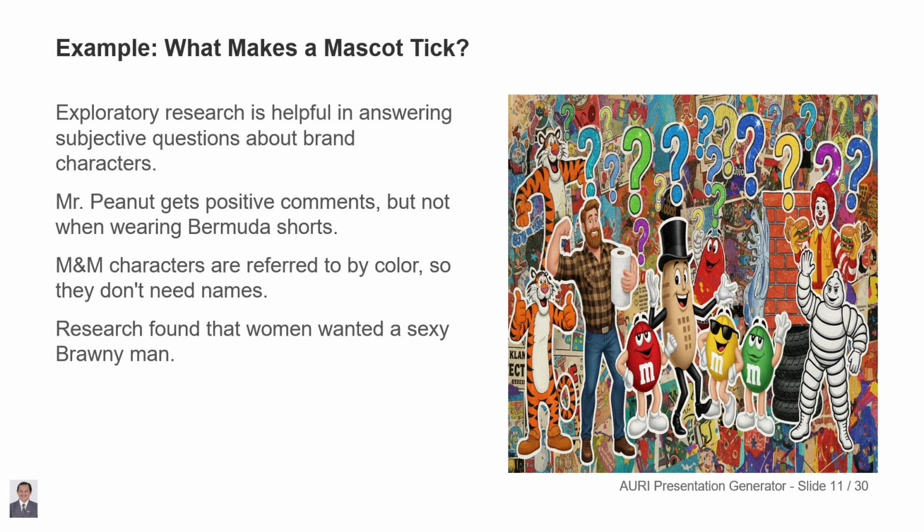Similarly, exploratory studies indicated that consumers referred to M&M characters by their color, suggesting individual names were not really needed. Another well-known example is the transformation of the Brawny Man mascot. Initial qualitative investigations suggested women desired a more conventionally rugged figure, which led to his famous makeover.